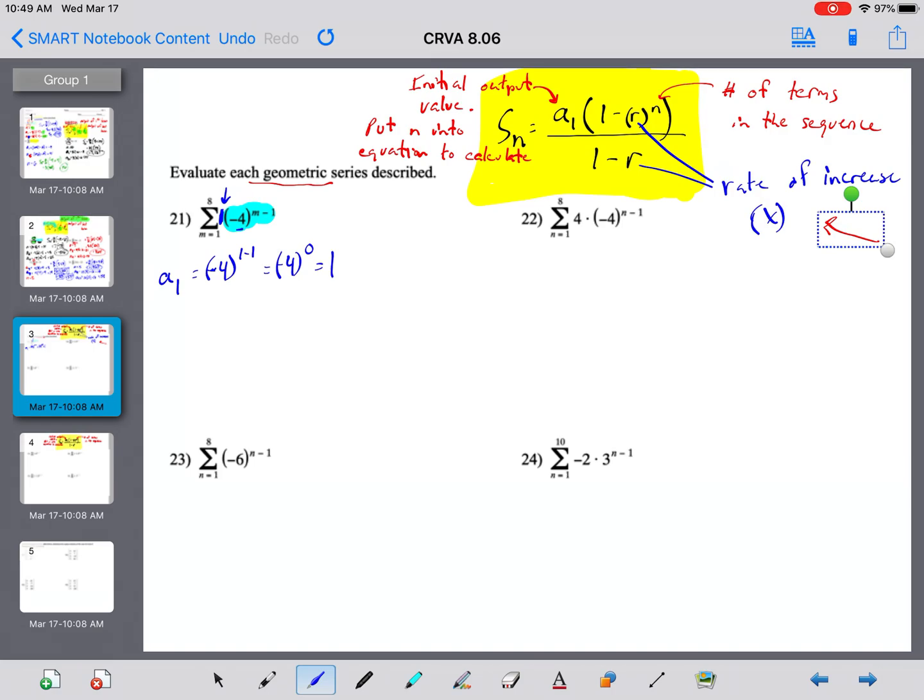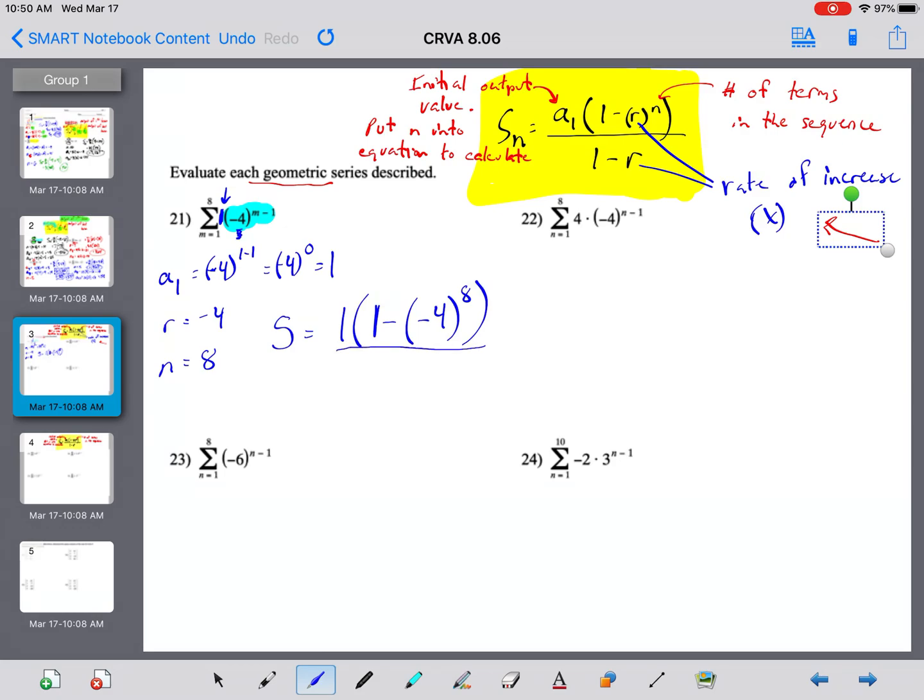The rate is the base. The rate in this case is negative 4. And the number of terms in this series, we're going from 1 to 8, so that is 8. So the sum is going to be my initial value, which is 1, and then we need parentheses, and then that's always a 1 right here, minus, in parentheses, our rate, which is negative 4, raised to the power of the number of terms, which is 8, and then we close our parentheses off.